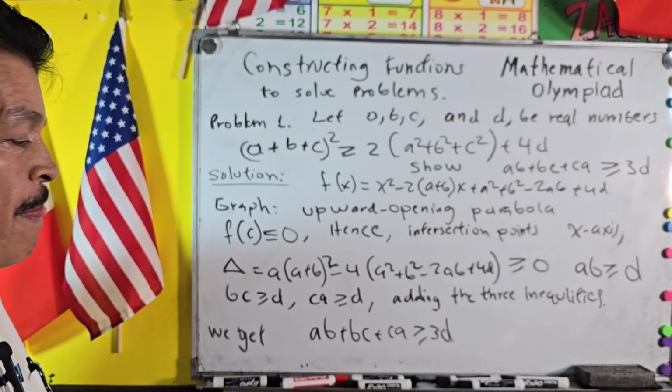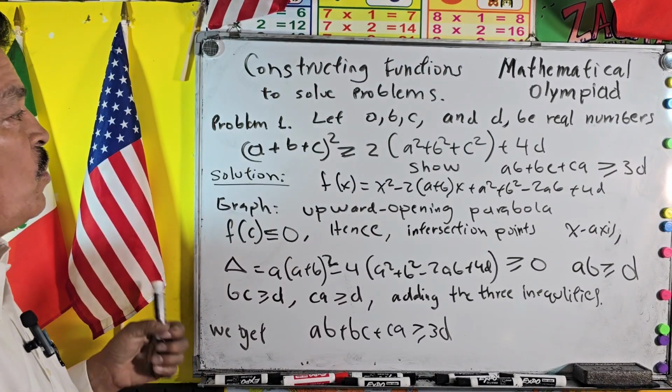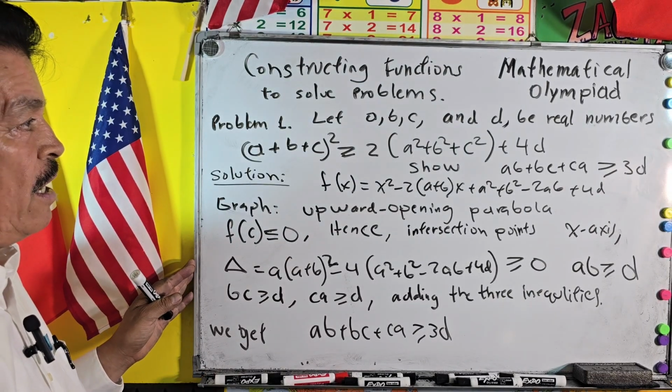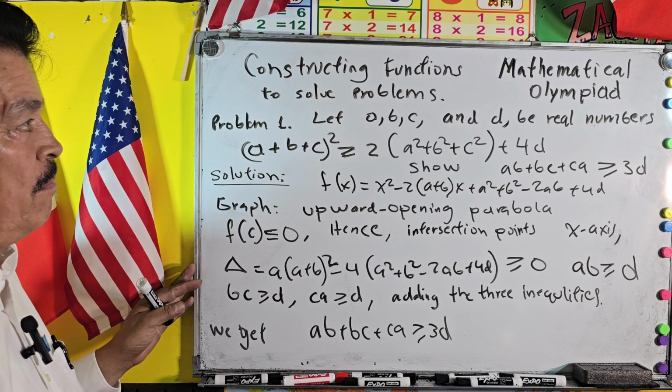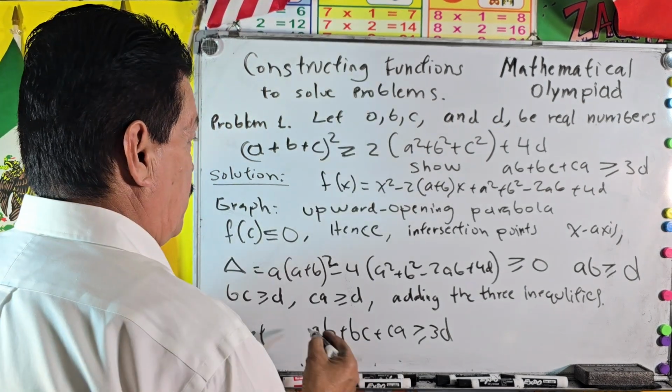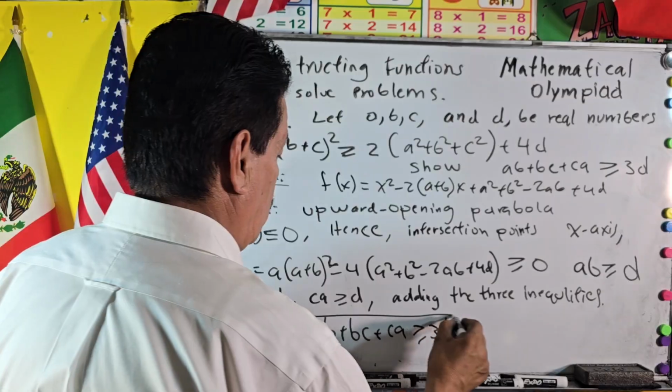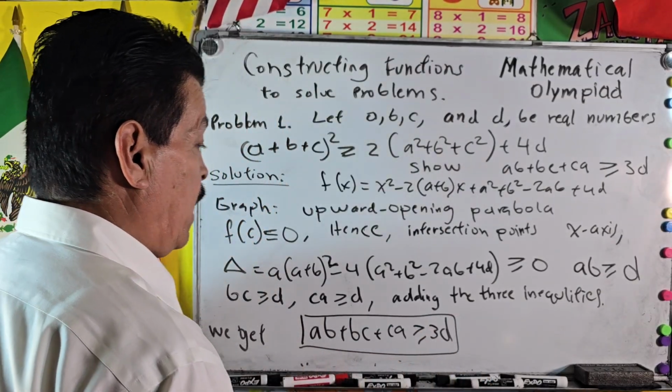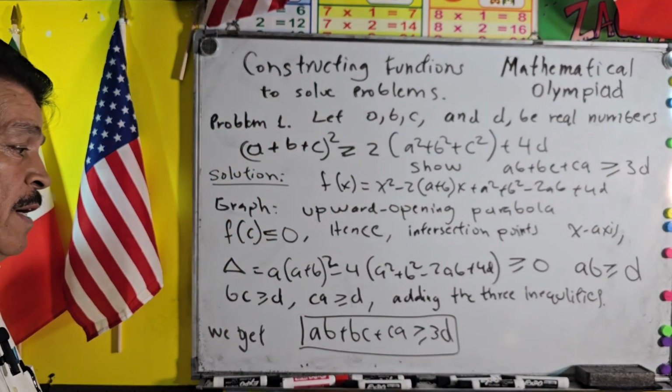All right, and that's the solution to our Math Olympiad problem. This is the solution because we have to prove this. Only we have to prove. All right.